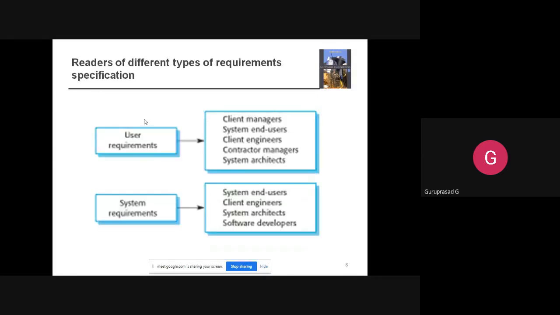So who are the readers of different types of requirements, correct? For example, starting from the client managers, end users, architects, software developers, you see the category of the users. Different types of users require different levels of requirements.